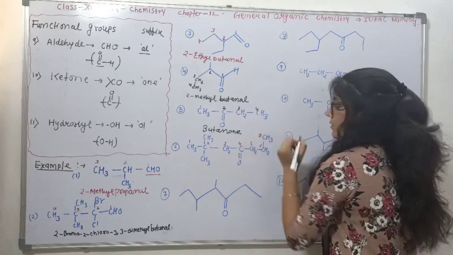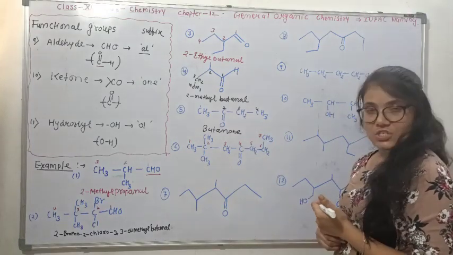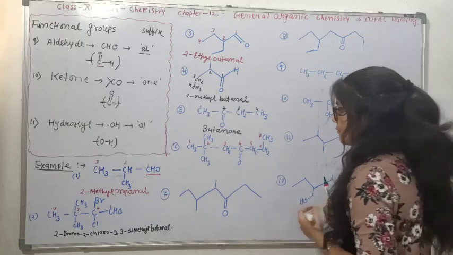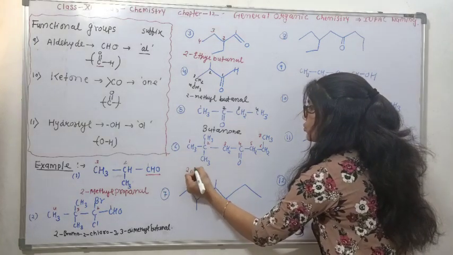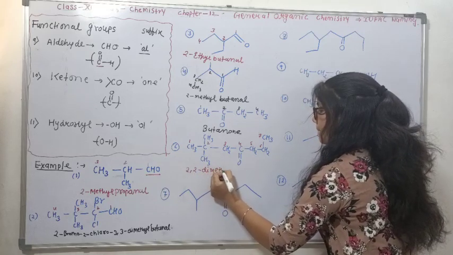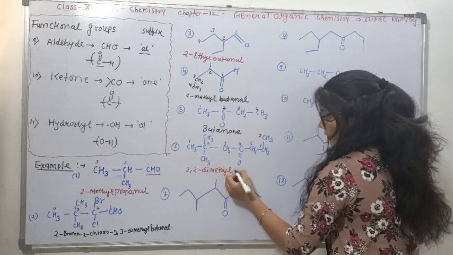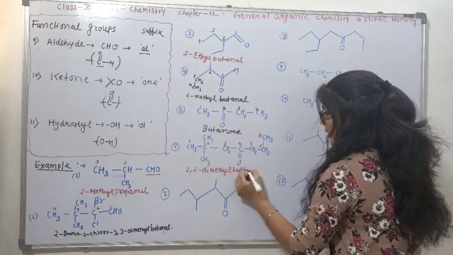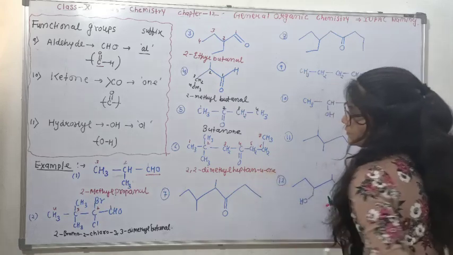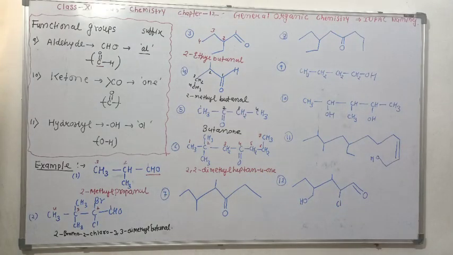So this is the correct chain we have chosen and numbered. Now write the name of the compound, that is 2,2-dimethyl heptane 4-one. Okay, 2,2-dimethyl heptane 4-one.